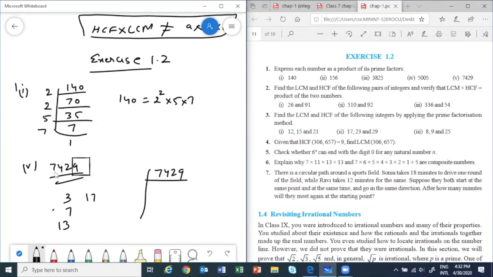So it has 9, no? Try divide and see. Can I divide 7429 by 3 completely? I don't think so. 17 into 19 into... Nishant, good. So then try 7. In exam, if you get a number like this, just see, there is a 9.